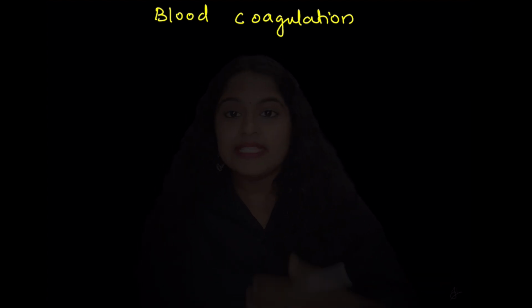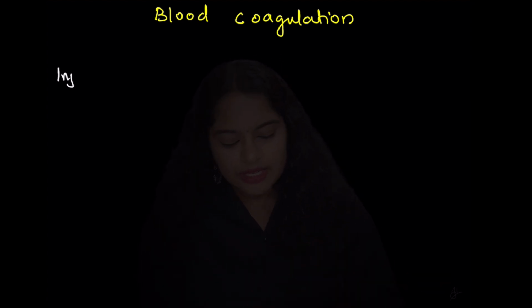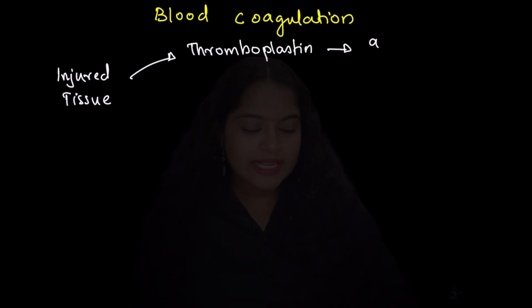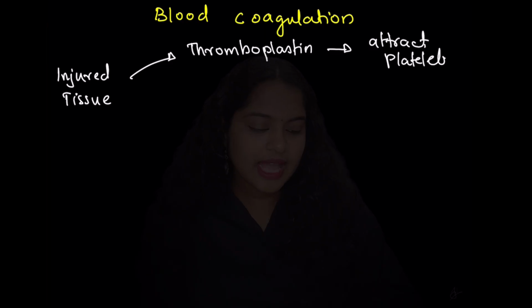So this is initiated by the injured cells. The injured cells or tissues will produce a substance called thromboplastin. This thromboplastin will attract the platelets, and these platelets will also produce more thromboplastin.